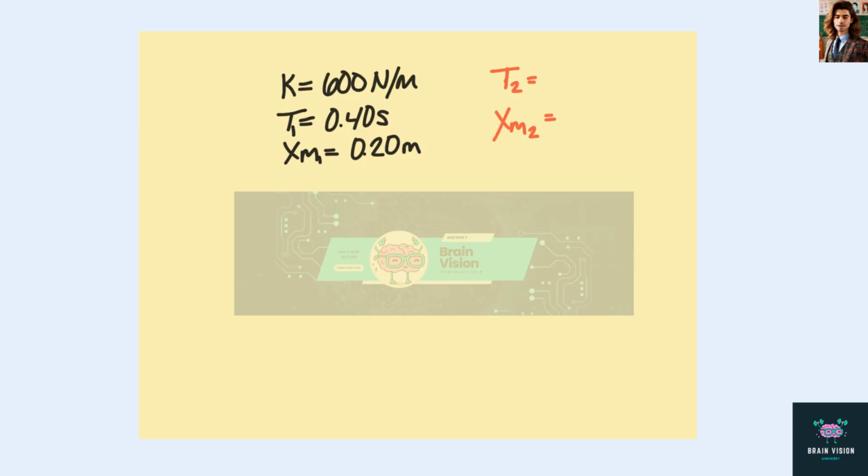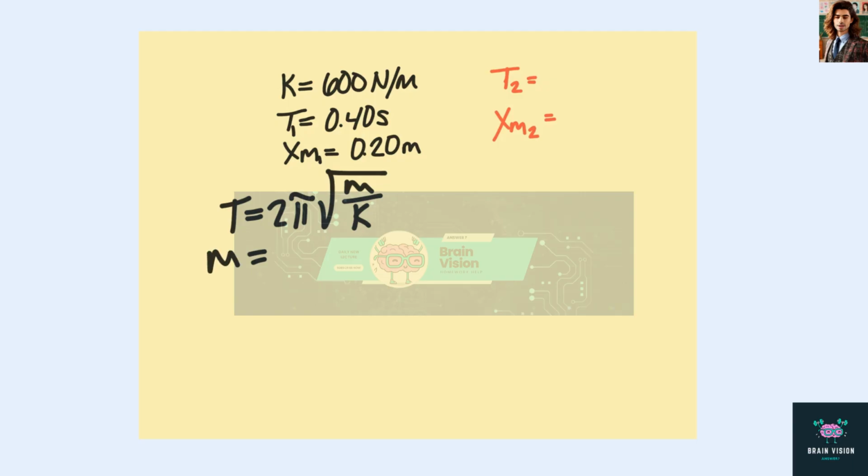Before we can figure out the new period and the new motion, we have to figure out what the mass of our block is without the putty. We're going to use the equation T equals 2 pi times the square root of mass divided by the spring constant, and we want to rearrange this to solve for mass.